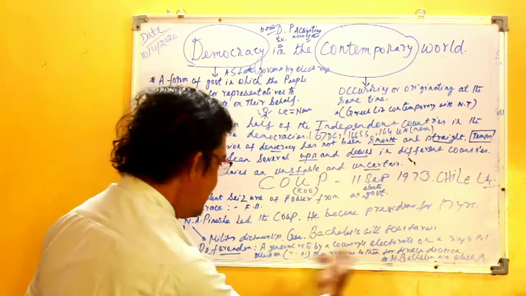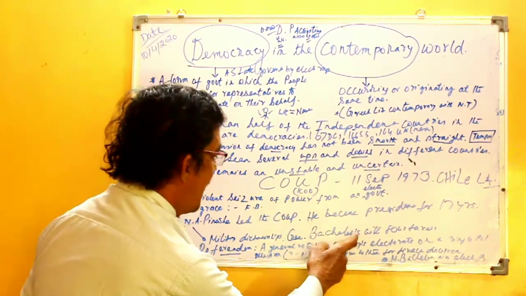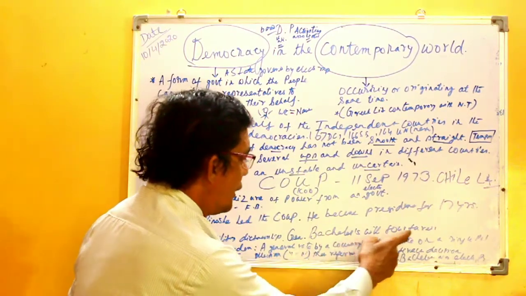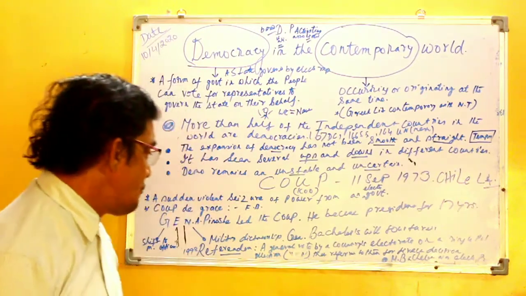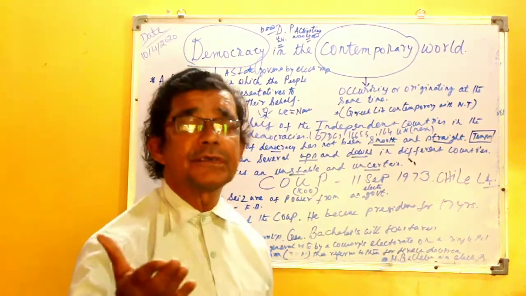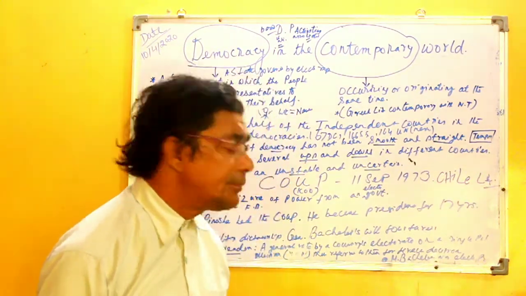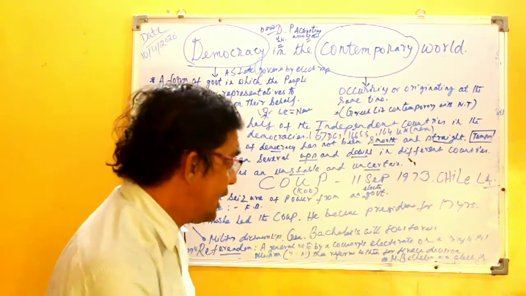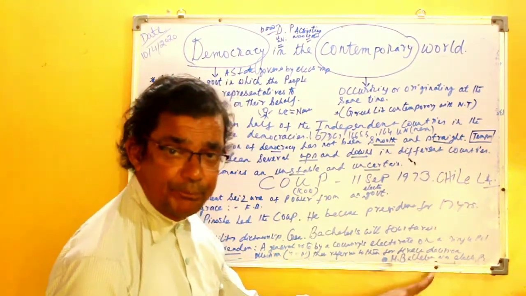And this credit goes to Bachelet, who was put behind bars. This lady was elected by the people and she became the president of Chile. Her name is Michelle Bachelet.